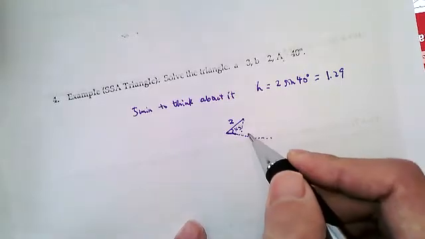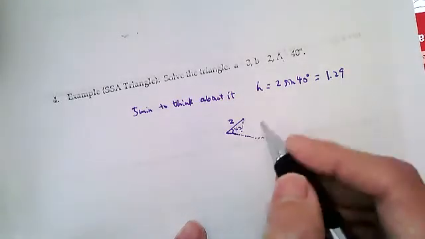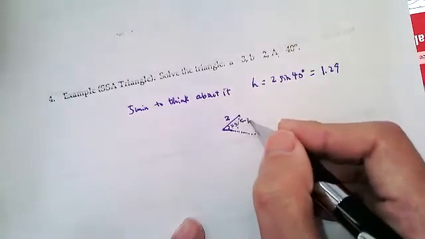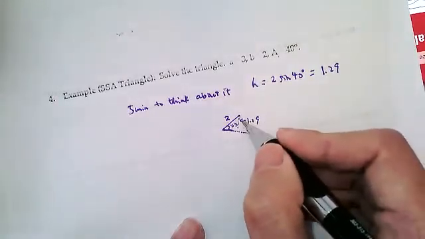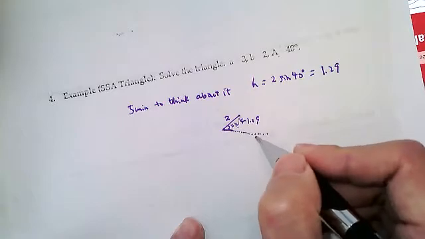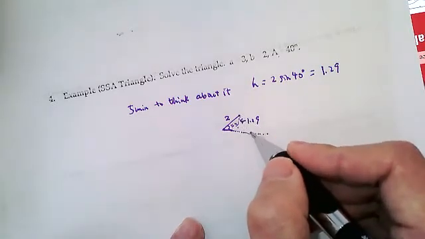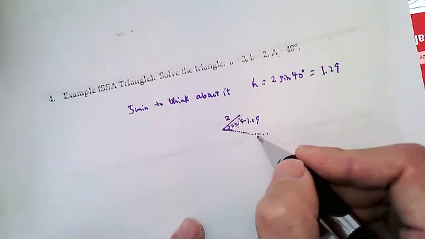I apologize, I should use a ruler to draw this triangle. This is the height, 1.29. This is the side on which you can choose the end point. You can draw a line from this point to connect to any point here.